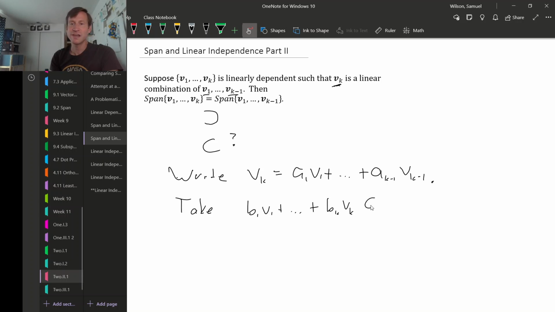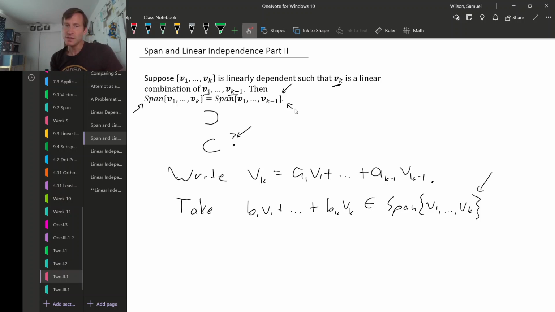So this is an element of the span of v1 up through vk, right? Every element in this span is a linear combination of v1 through vk. What we're hoping is that this vector will turn out to be in the span of v1 through v_{k-1}. That will demonstrate this containment. We will have shown every vector in here is also in there.